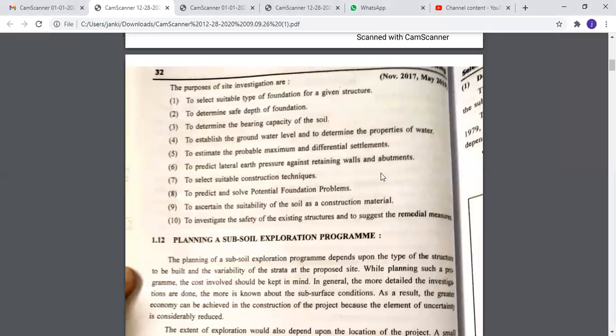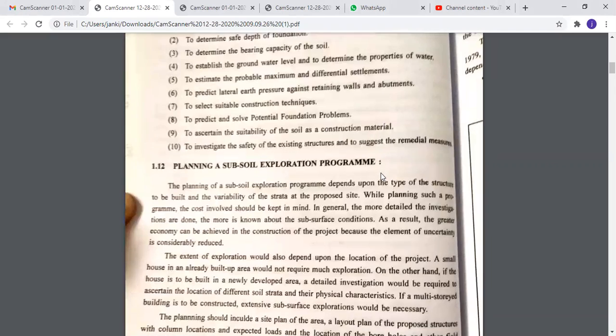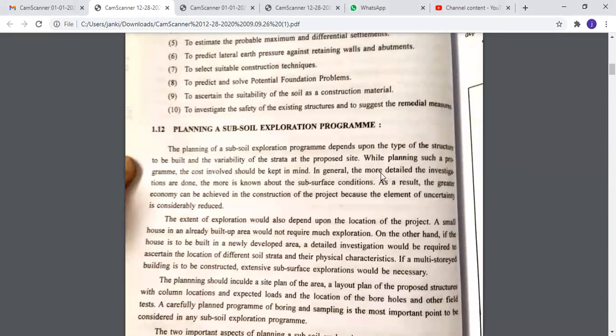So today we are discussing and learning about planning a subsoil exploration program, right?